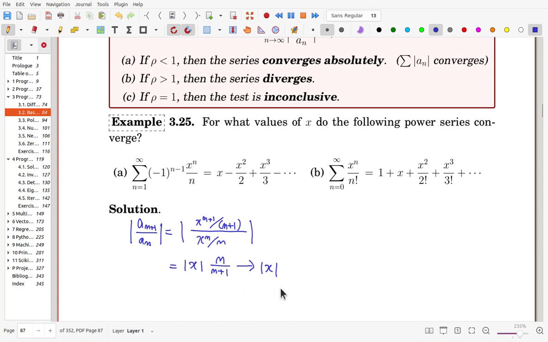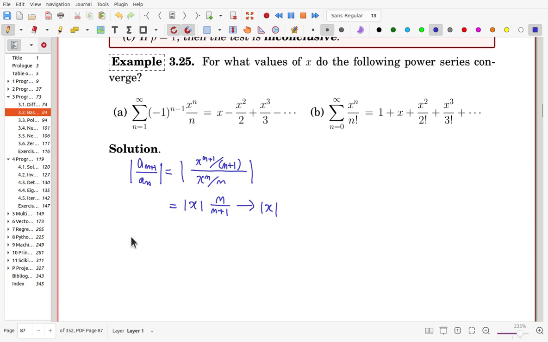Once we have a limit, if it is less than 1, that's rho. So rho is now the absolute value of x. If this is less than 1, then we know that the series converges. But if rho, the same as absolute x, is larger than 1, then we know that it diverges.